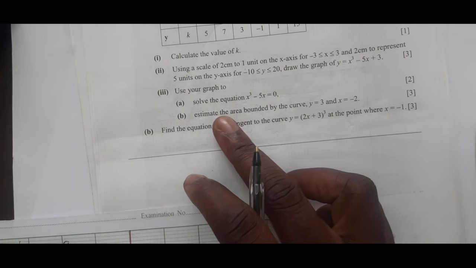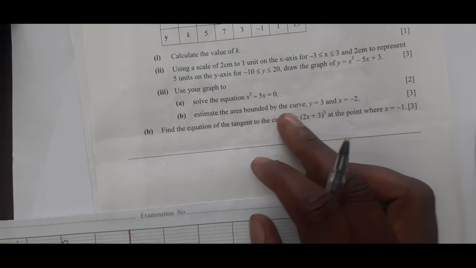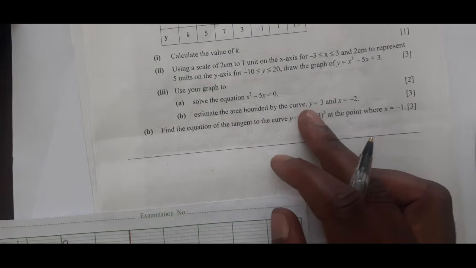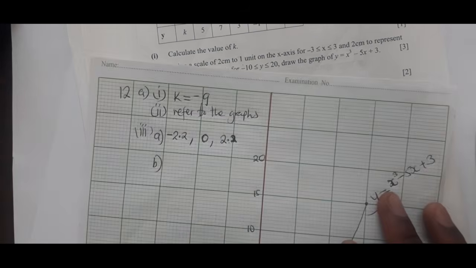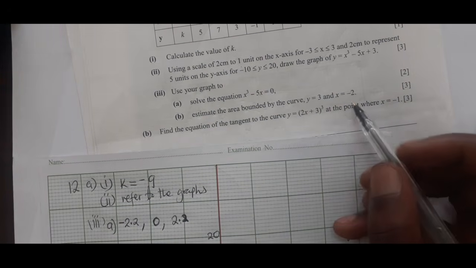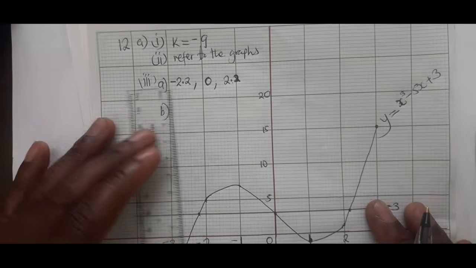B is about the area. So estimate the area bounded by the curve. Then we say where y is equal to 3, which is this one, which we have already done. Y is equal to 3, and then x is equal to negative 2.